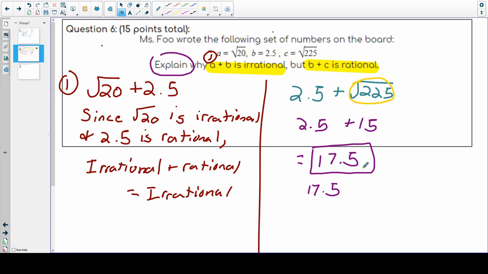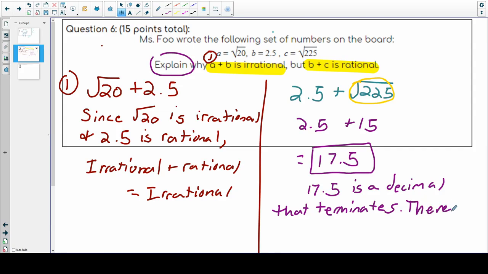So you have to write 17.5 is a decimal that terminates. Therefore, B plus C is rational.